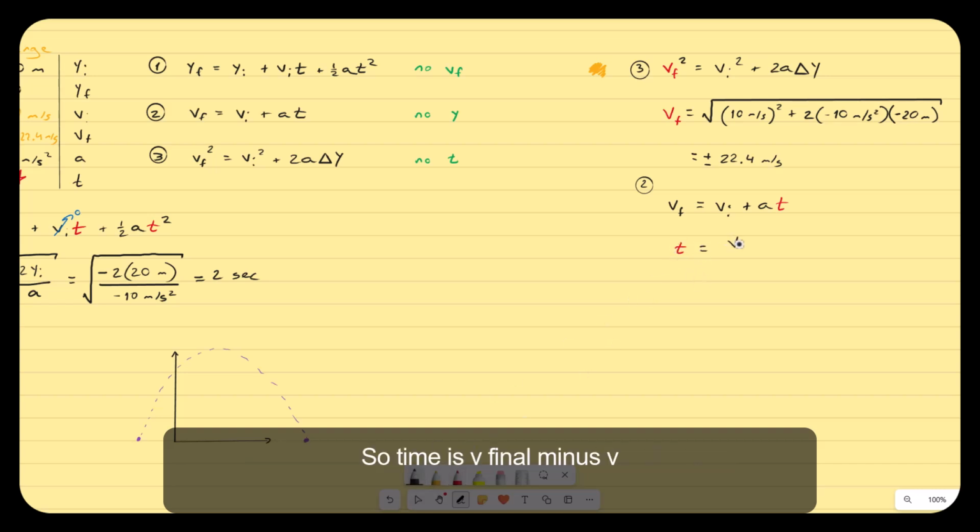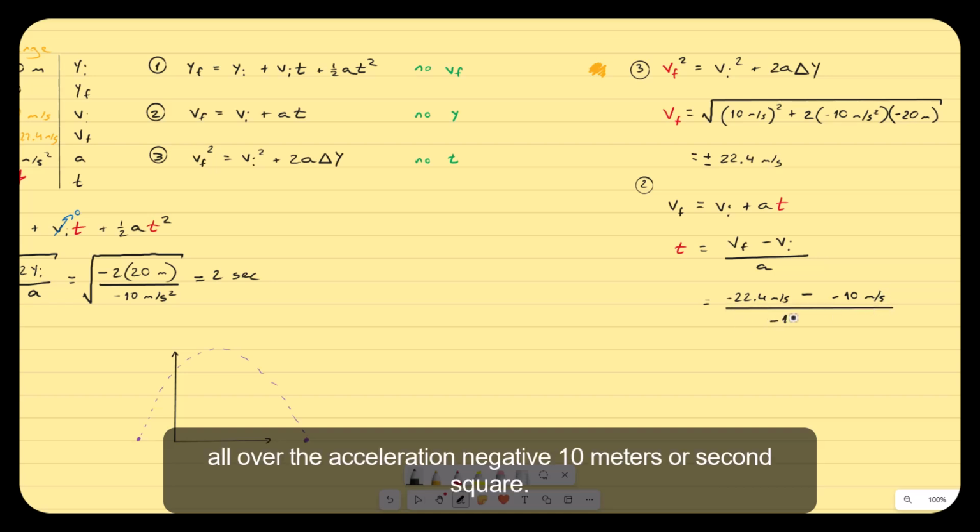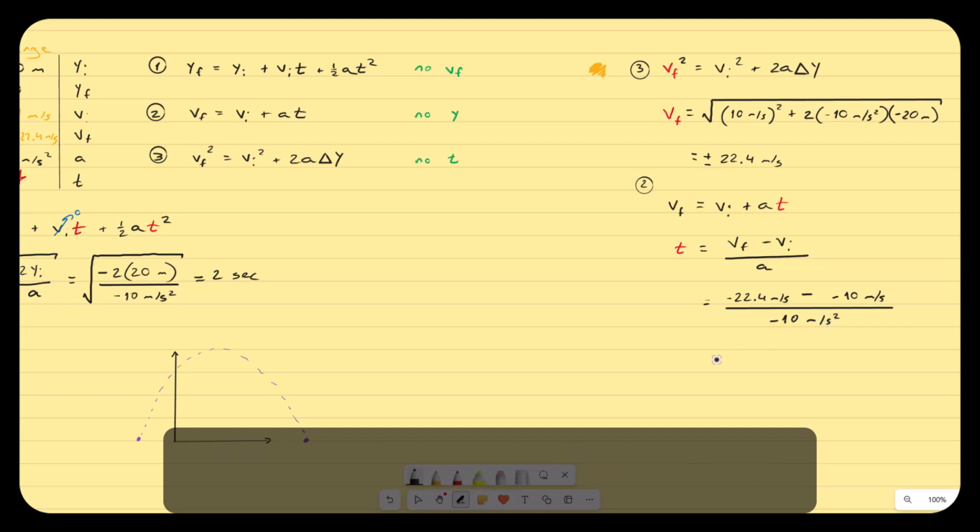So time is v final minus v initial over acceleration, negative 22.4 minus negative 10, all over the acceleration, negative 10 meters per second squared. And I get a time of negative 22.4 plus 10 is negative 12.4 over negative 10 is 1.24. I get a time of 1.24 seconds.